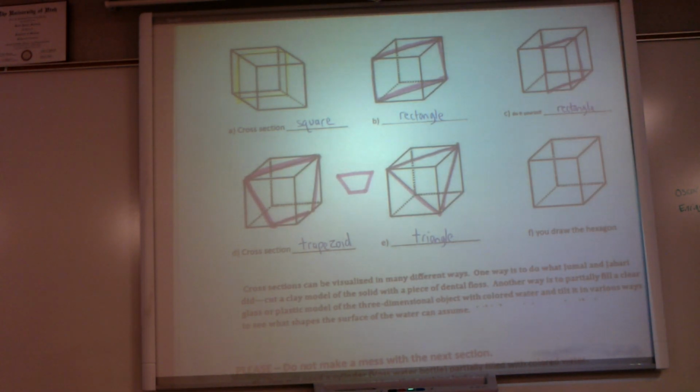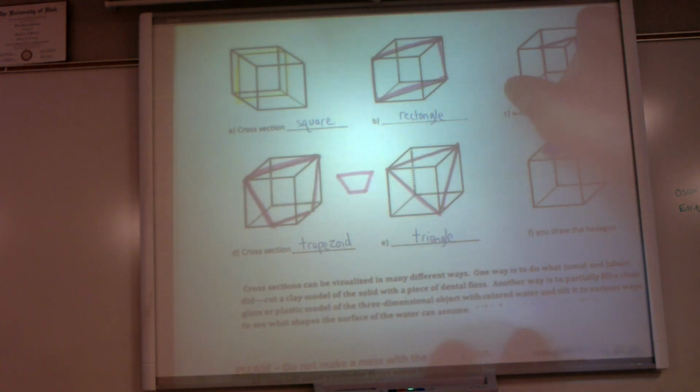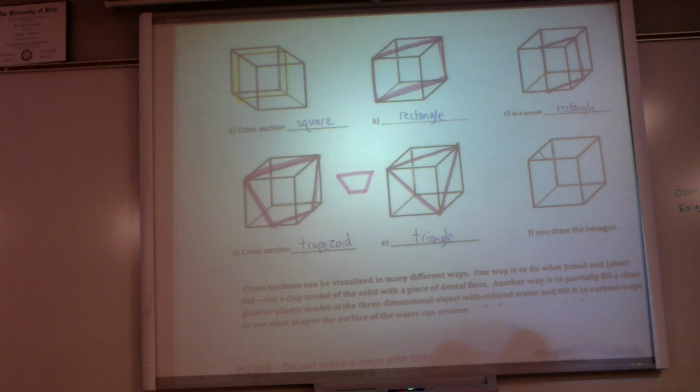Alright, now, how could you take a cross-section and make a hexagon? A hexagon is going to go through 6 of the sides. Is it possible for us to go through all 6 sides of a cube? Maybe you're like, I don't know, Solberg, that doesn't seem right. Well, it's possible. All you have to do is make sure you go through all of the planes, or all of the faces.